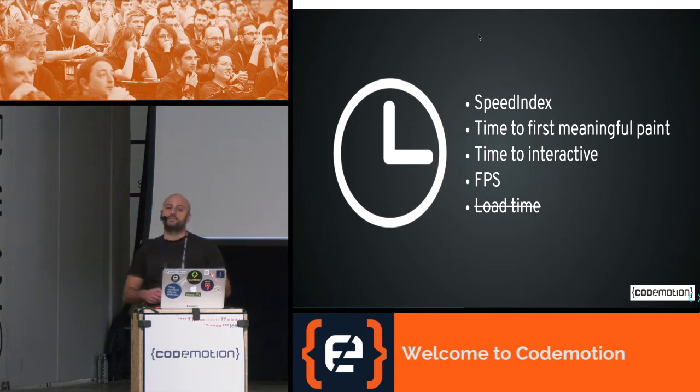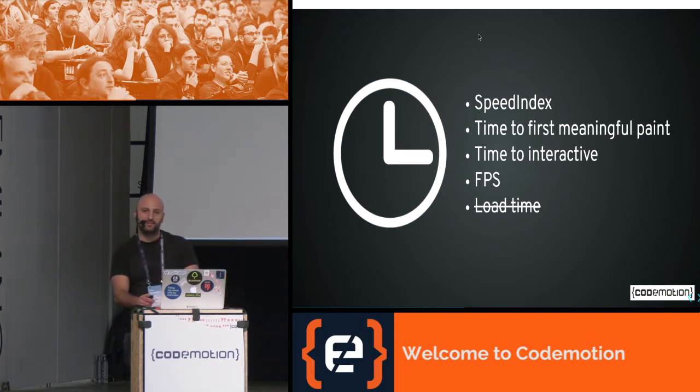But for instance, you could also consider as relevant the time to the first meaningful paint, meaning that you need to track the time it takes for the users to see relevant content, which means that the skeleton of the page has been downloaded, probably most of the JavaScript code has been run already, and you're actually showing relevant content, which is tricky because you need to determine what is actually relevant for your application.